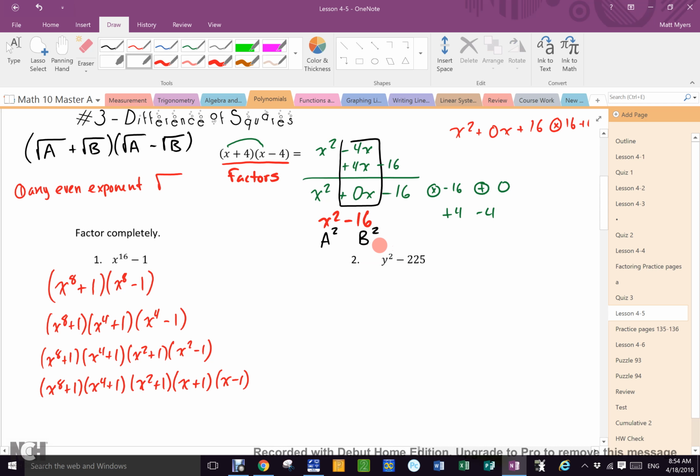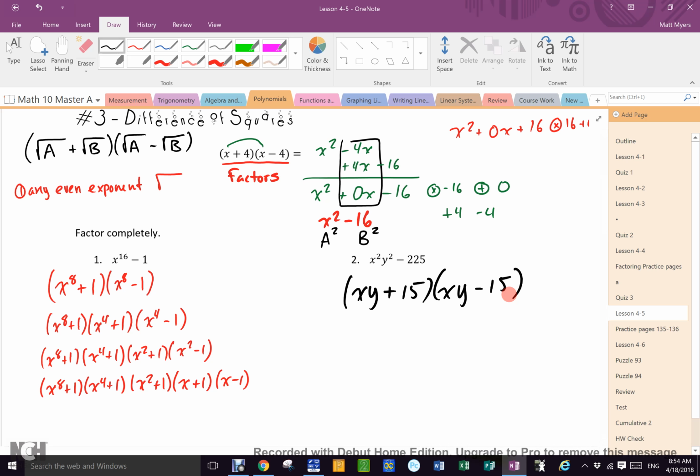What would it be? y plus 15, y minus 15, correct? So what must it be if it's x and y? xy plus what, Evan? 15. And then what? xy minus 15. Done. Does everyone see how easy this is?